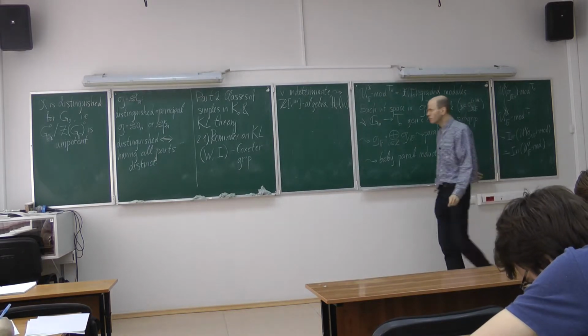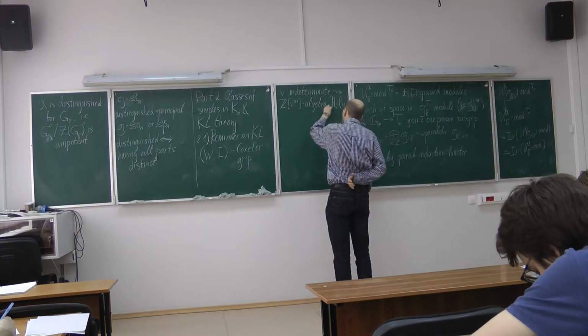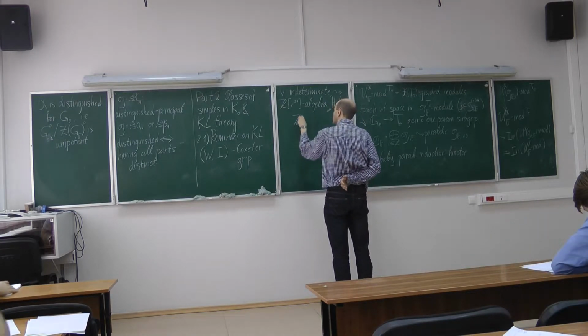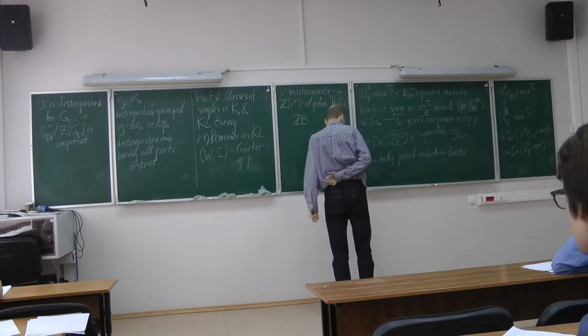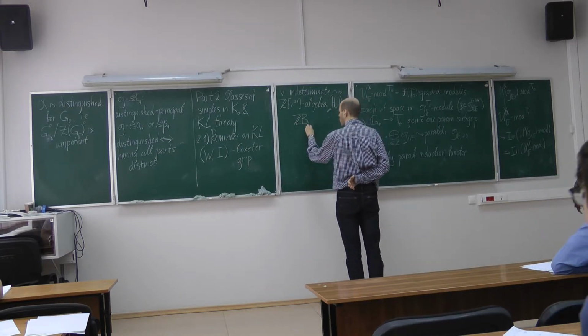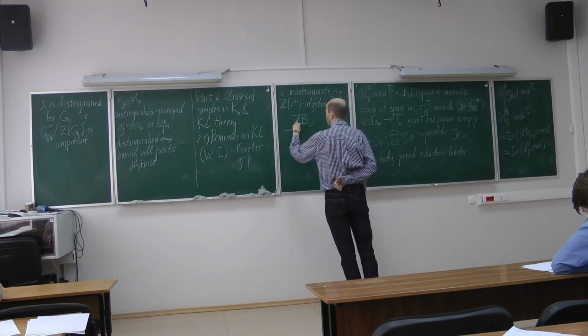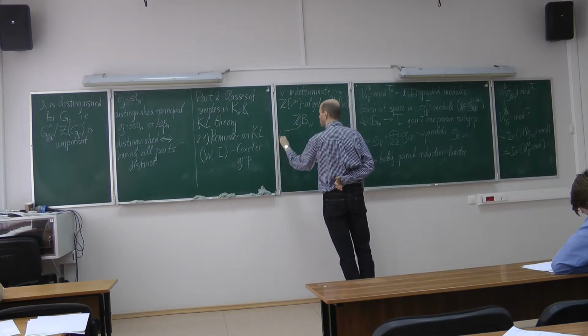So what is this? You take the group algebra of the braid group. So this fellow here, B_W, is the braid group.